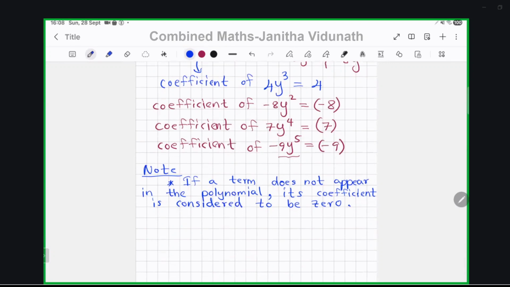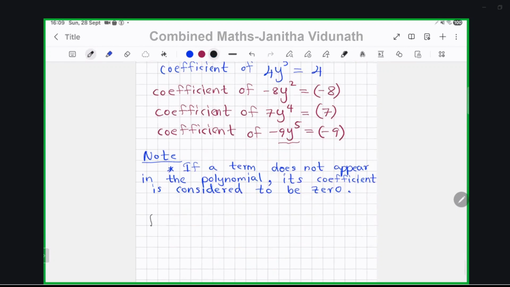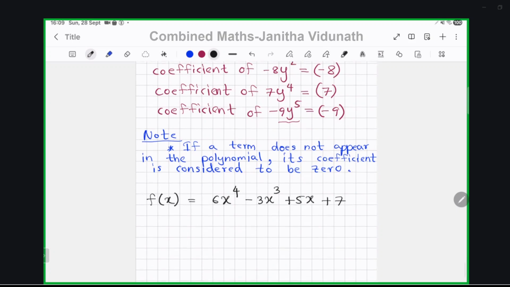If a term does not appear, then we can think the coefficient of that term should be zero. Let me explain with a simple example. Think we have a polynomial function, 6 times x to the power 4 minus 3x to the power 3 plus 5x plus 7. Okay.